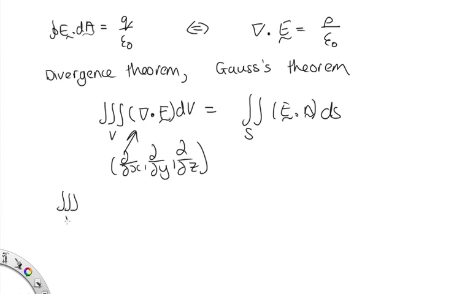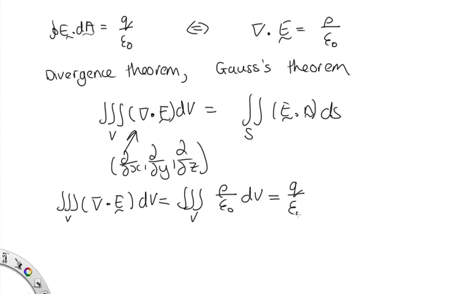So we've got the volume integral of del dot E dV, and now according to Maxwell's equation we can write this as the volume integral of rho over epsilon naught dV. Now if we do the volume integral of the charge density, what we end up with is the total charge enclosed. So we end up with Q over epsilon naught. So that's what this is.